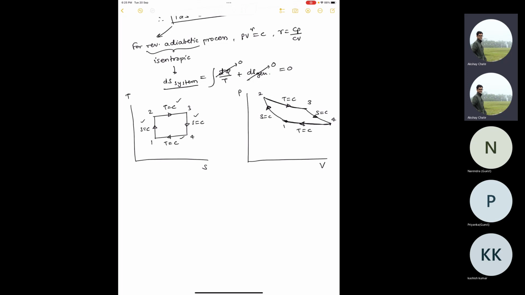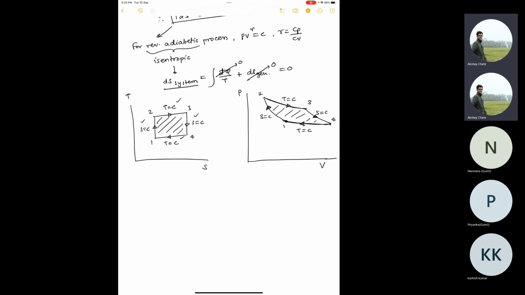But anyway, my point was, if you are aware of the TS plot for the Carnot cycle, you should be aware of the PV plot for the Carnot cycle also, Carnot engine, whatever it is. You can see this area under the curve will give you the net heat supplied to the system, and this is work done.